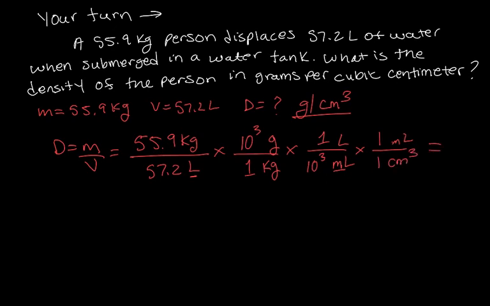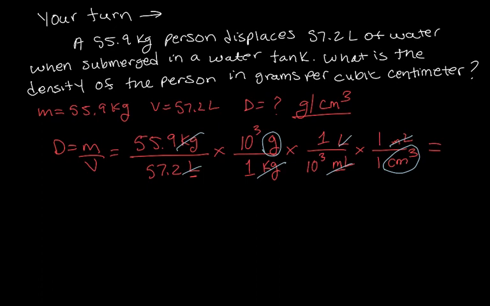So you see the kilograms cancel, and we're left with grams on top. The liters cancel, the milliliters cancel, and we're left with cubic centimeters on the bottom. So we have exactly what we want in the units that we want, grams per cubic centimeter. Now we do the math.